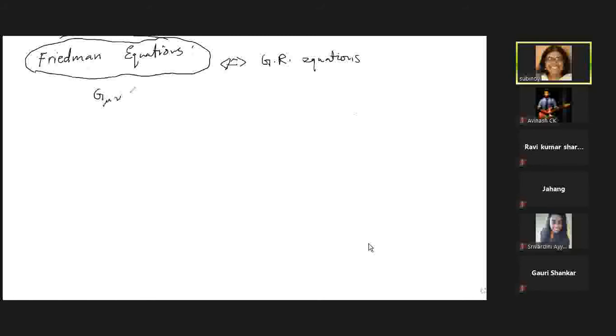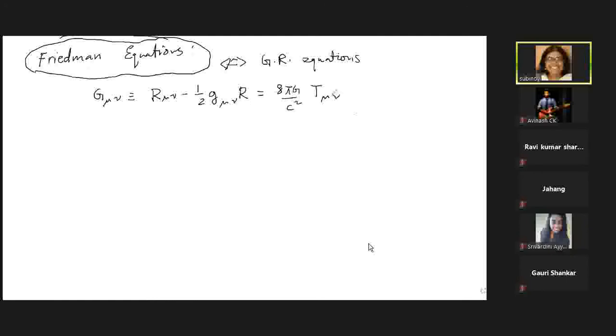G mu nu, which is basically defined as a rename of this thing, R mu nu minus half g mu nu R. Small g mu nu, we know it is the FRW metric for this, and R is called the Ricci scalar. This is actually the equation, equal to 8 pi G by c square T mu nu.